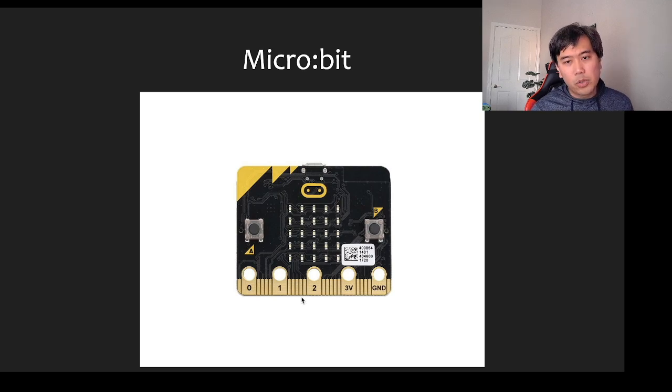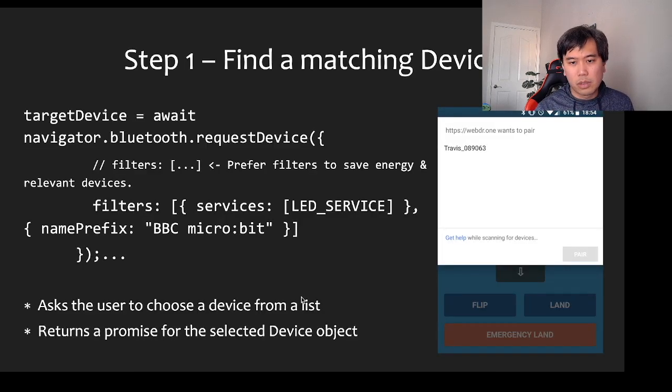We are going to use micro:bit for this. Micro:bit is very easy to use if you want to learn more about hardware, and it's an educational tool for lots of makers.